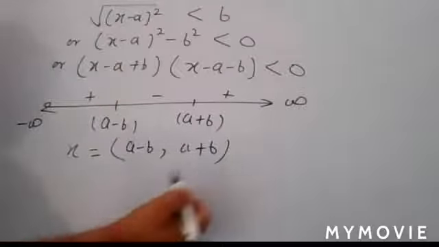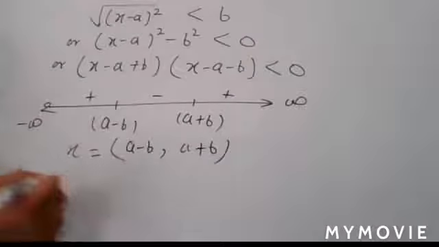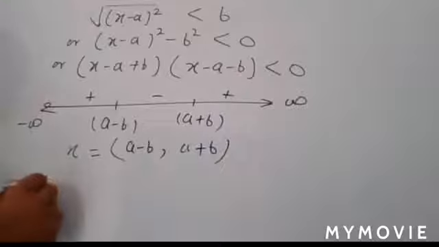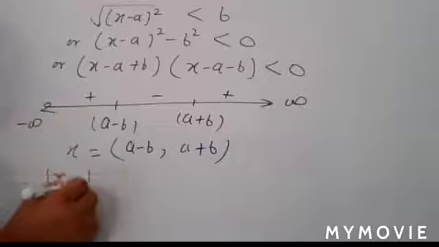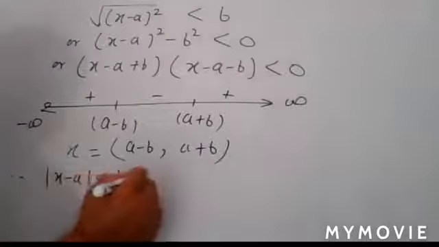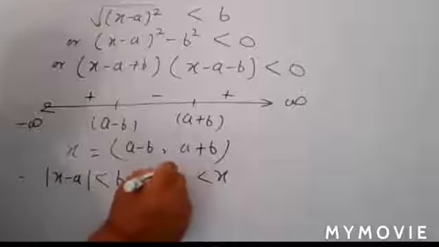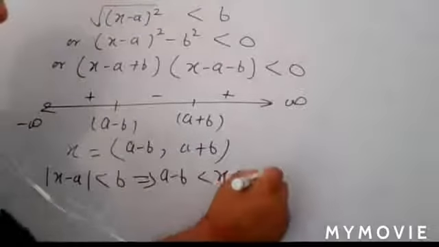Okay, so you write in this way. So if you write your complete result, you have, if mod of x minus a is less than b, this implies x is greater than a minus b and less than a plus b.